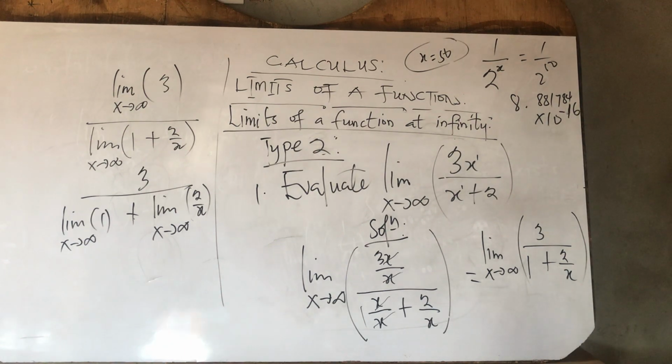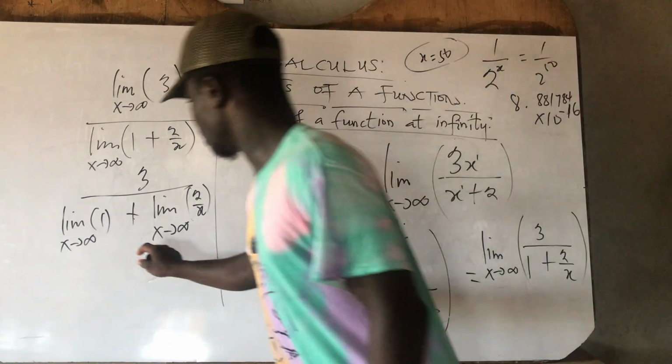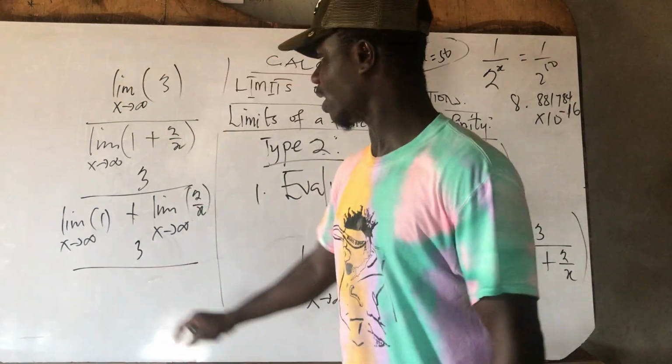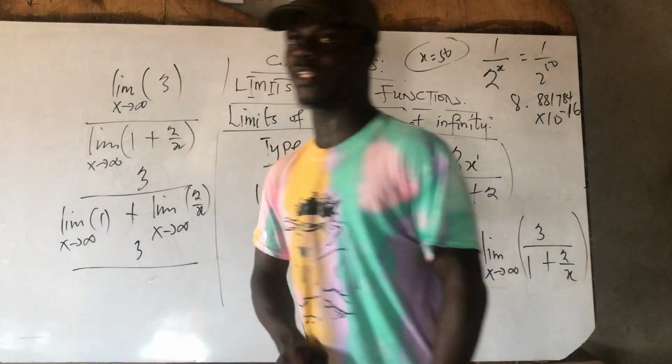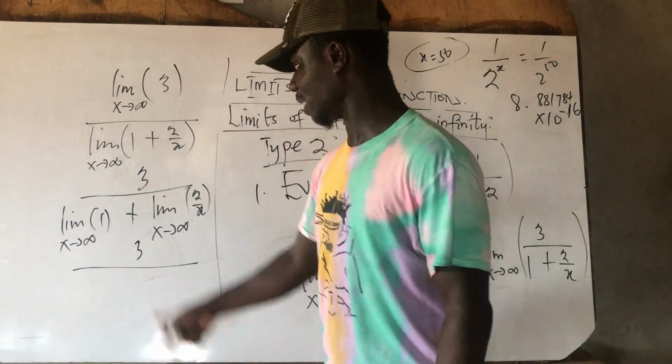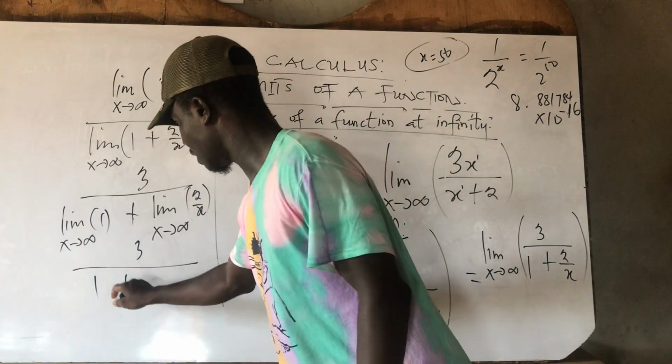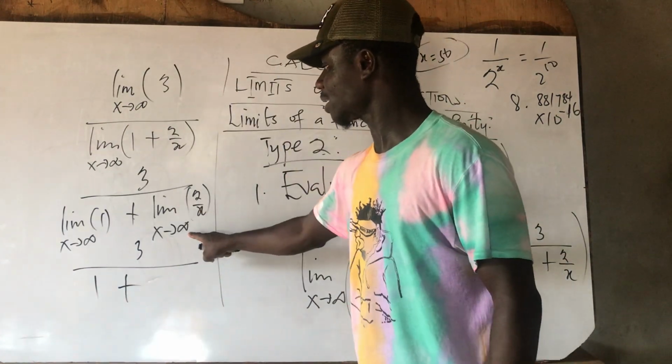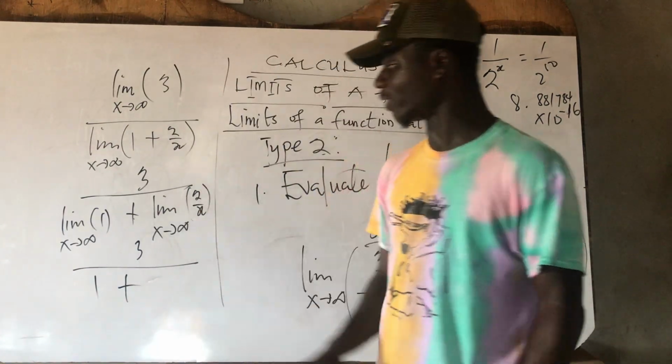I believe you are getting what we are doing here. So we have 3 all over the limit as x approaches infinity of 1, which is a constant. So the same thing applies here. We get 1 plus the limit as x approaches infinity of 2 on x.